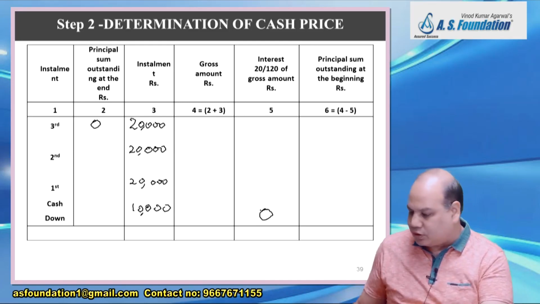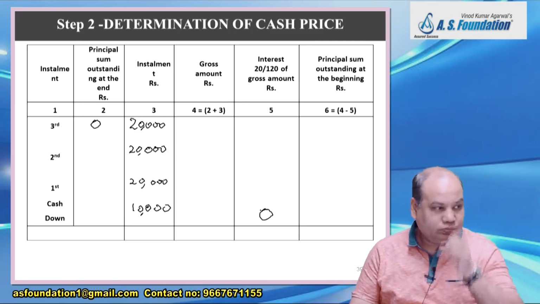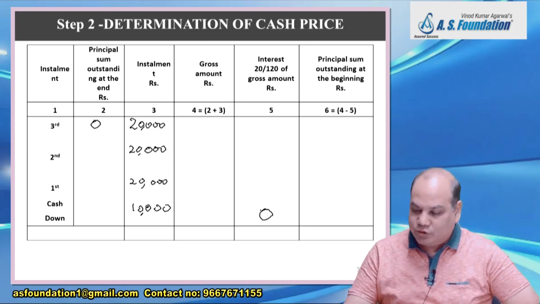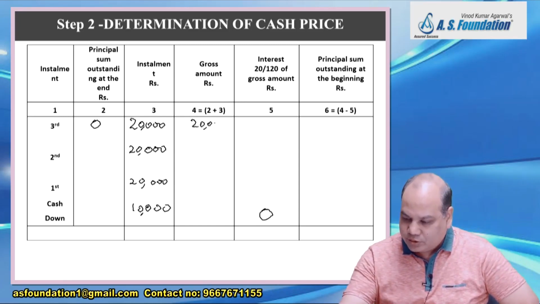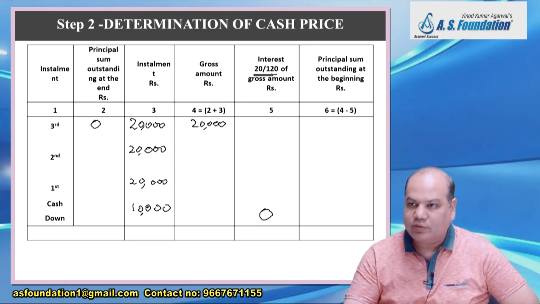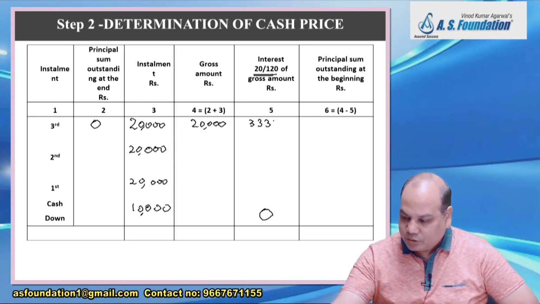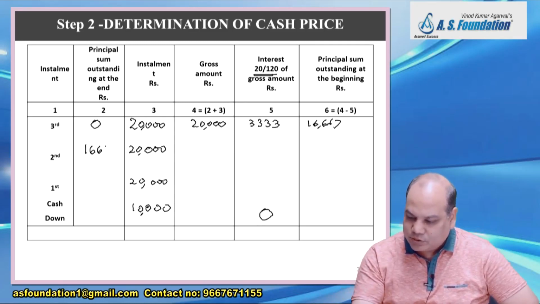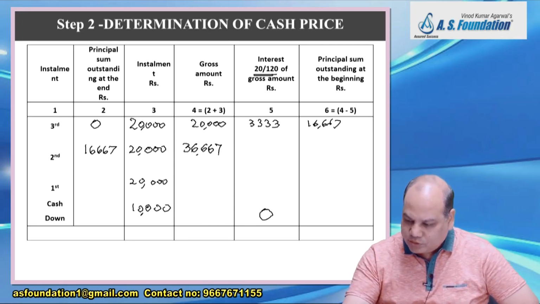So what is your final answer? Done? 0 plus 20,000, 20,000. Take interest 20 by 120. 3,333. What is the balance? 16,667. 16,667 plus 20,000, 36,667.